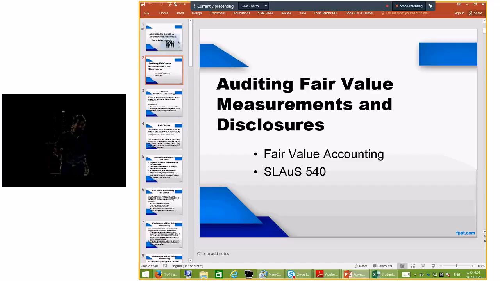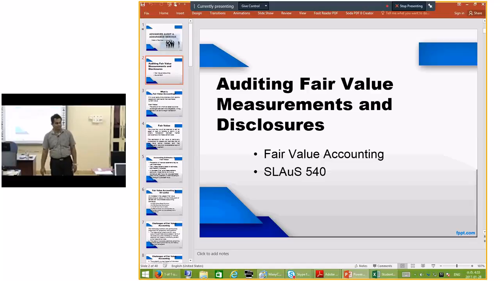Sometimes you have to get the support of expertise as well. That is part of the management's requirements, and management should be responsible for getting that, but again as auditors, you have to decide whether to use an auditor's expert in these areas or not.